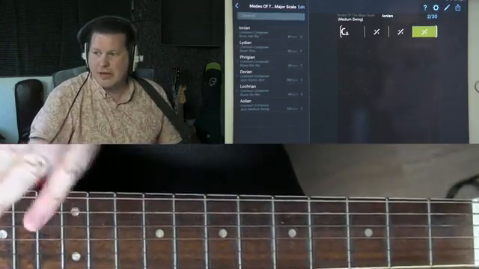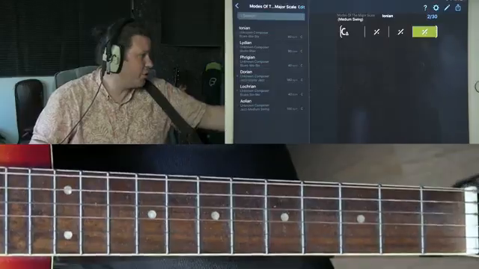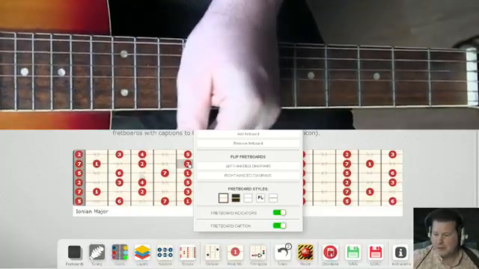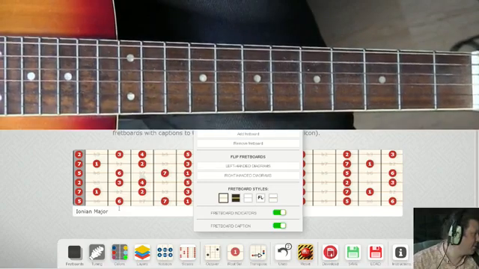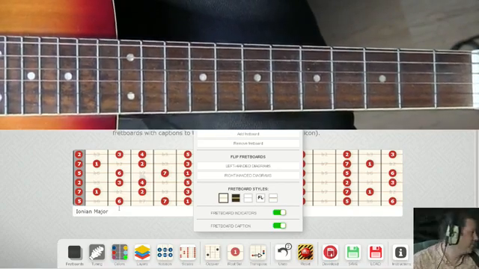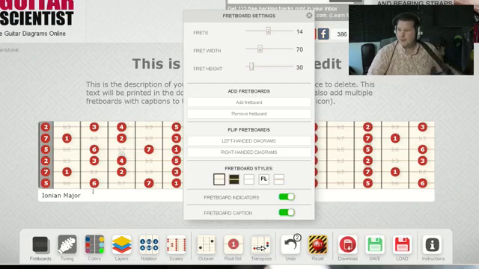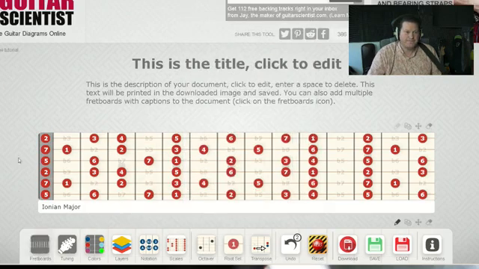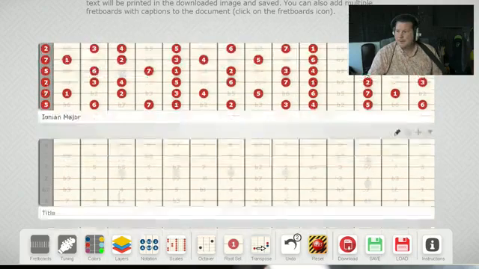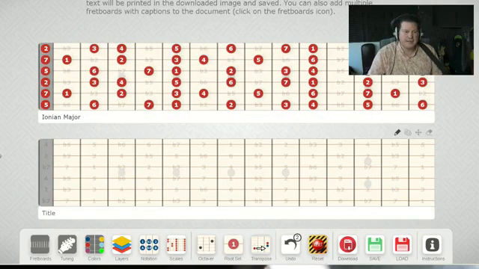Okay, so back to what I was doing, which was to go on to the next mode. So I'm going to click Add a Fretboard and make sure that we can see that fretboard. There's a nice clean fretboard.